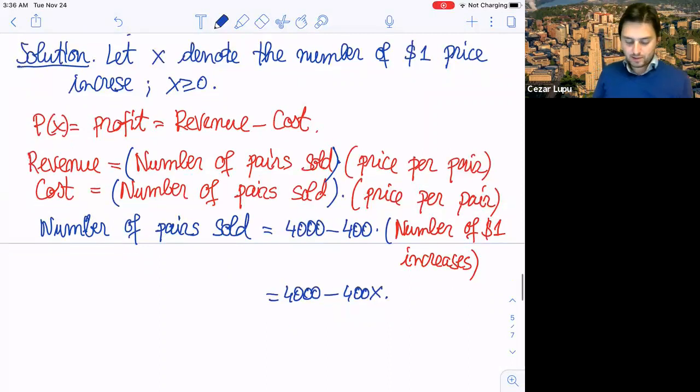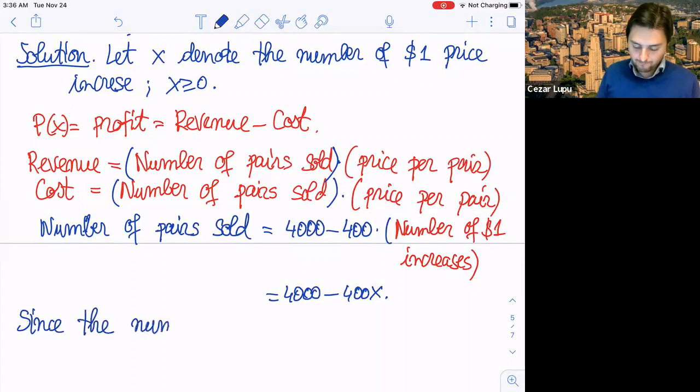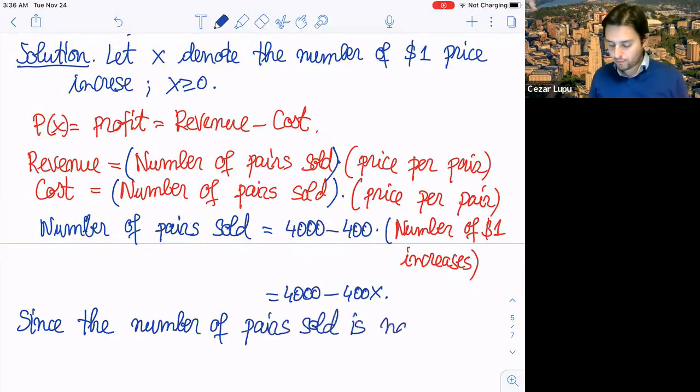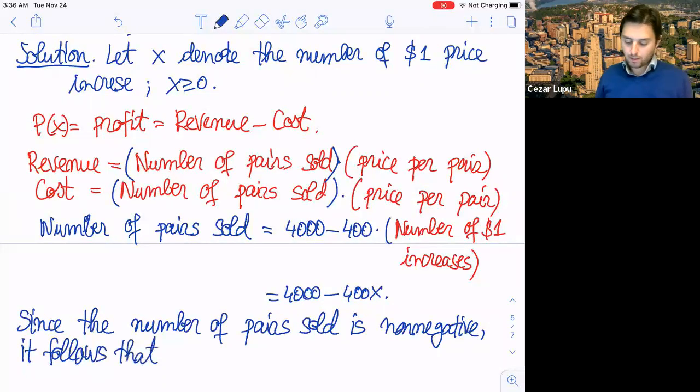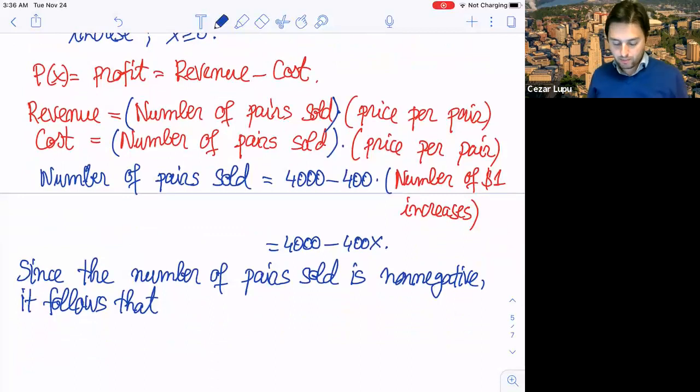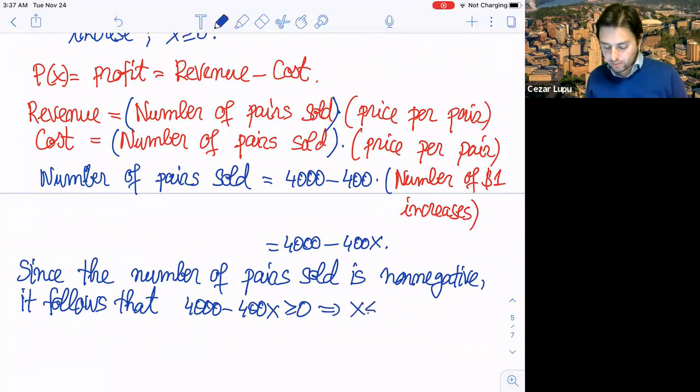Since the number is non-negative, it follows that 4,000 minus 400x is non-negative, which implies that x will be less than or equal to 10.